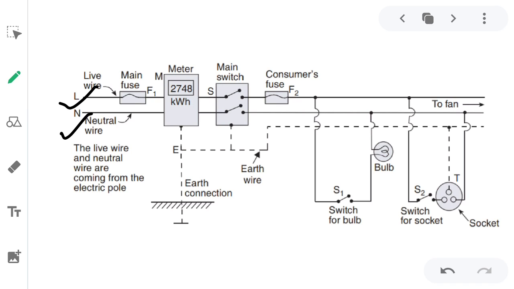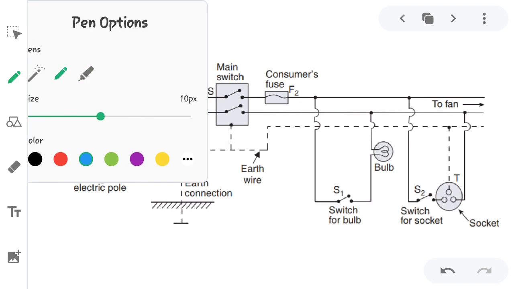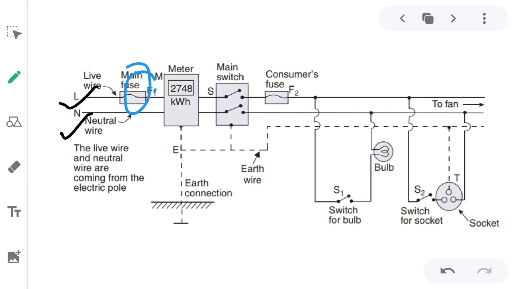So from the pole which is outside your home, two wires come to your house and then they directly go to the fuse. Okay, and from there the live wire comes out and goes to the meter. Afterwards, you can see that the neutral wire also directly comes to the meter and then the main switch.